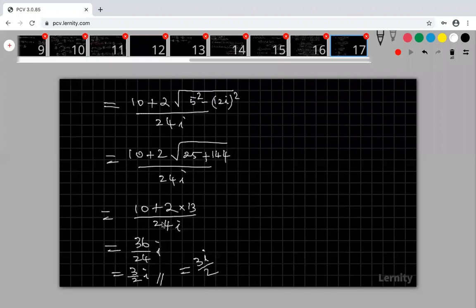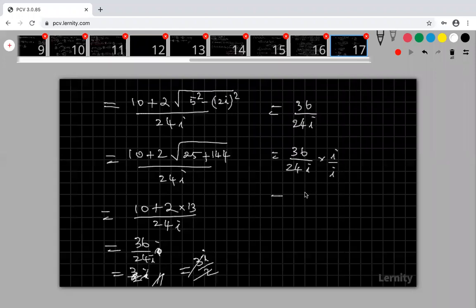Okay, okay. So therefore, then what happened? Right, i is denominator only. Now take a conjugate. Yeah, you are right. So therefore, this is 36 divided by 24i. Now you can take a conjugate or multiply by i.